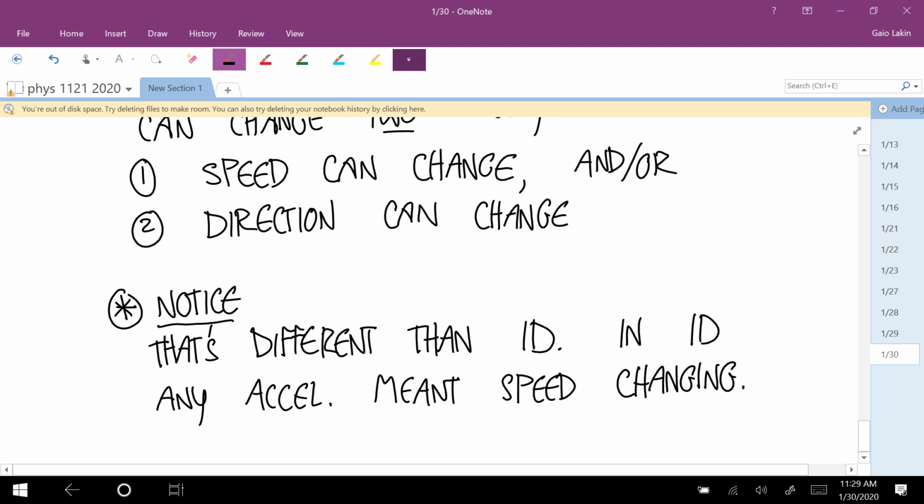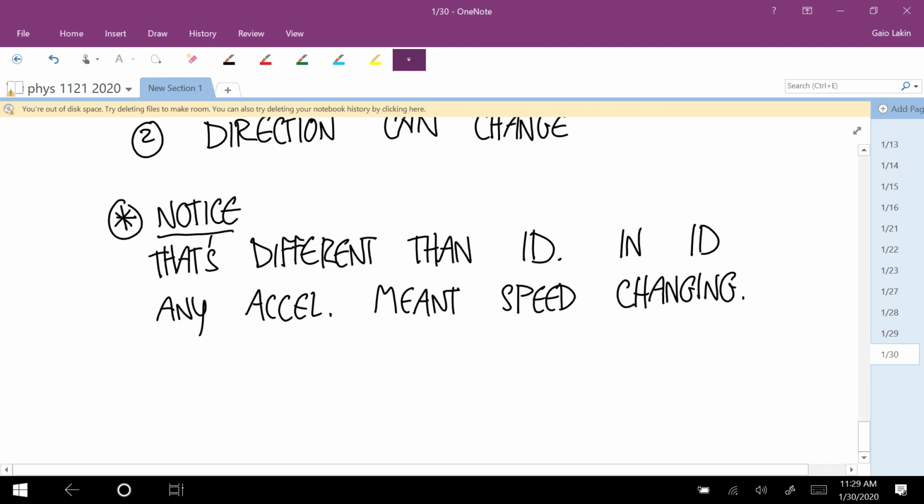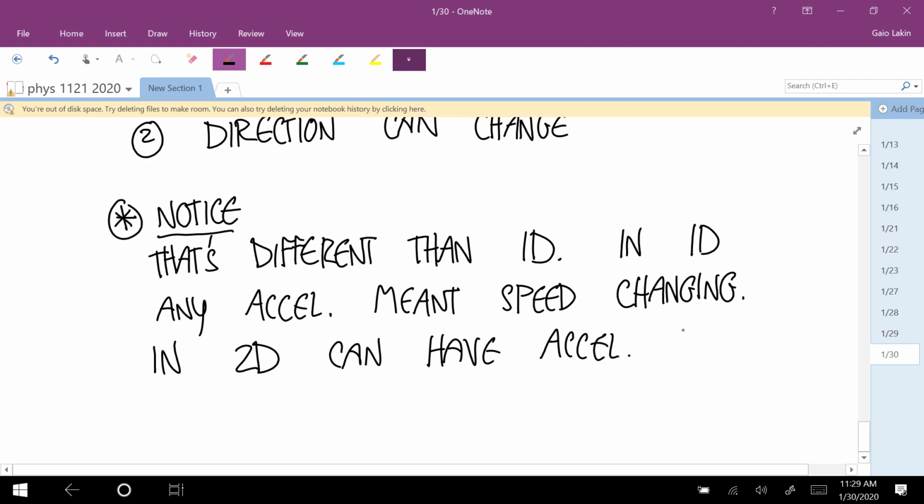All you can do is speed up or slow down along the line you're on. In 2D, you can have acceleration even with a constant speed.